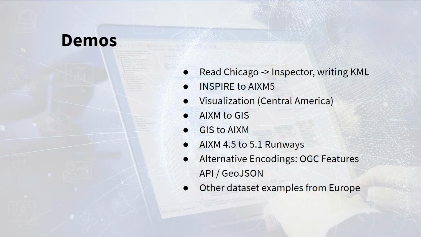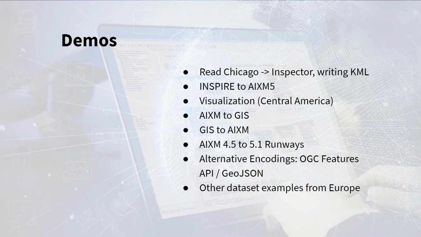Well, maybe just at some point highlight how much easier AIXM5 is than the old AIXM4. Yeah, sure, that's a good point. And I do have a fairly simple 4.5 to 5.1 migration workflow. My plan is towards the end, during the time I have allotted for Q&A, we can definitely look at a few sample data sets.